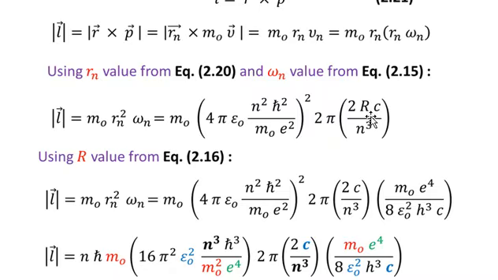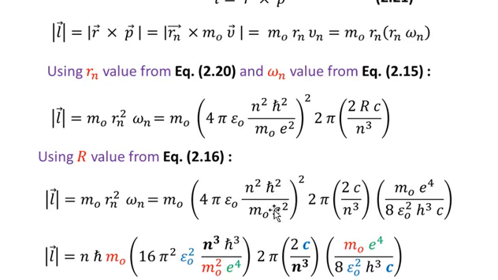Here you see that we have the parameter R, the Rydberg constant, also present on the right hand side, and we can use the value of R using equation number 16. So we have also substituted on the rightmost side the value of capital R, which is m0 e to the power 4 divided by 8 epsilon square h cube and c, using equation number 16.